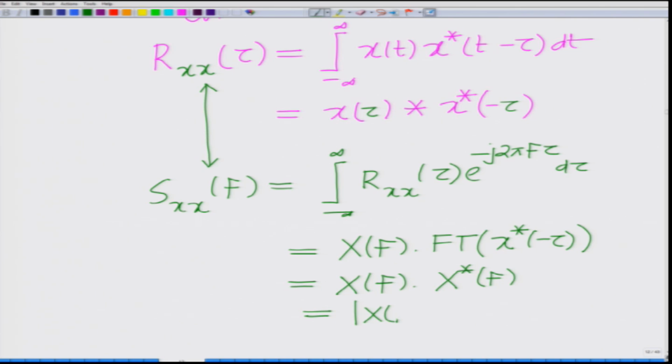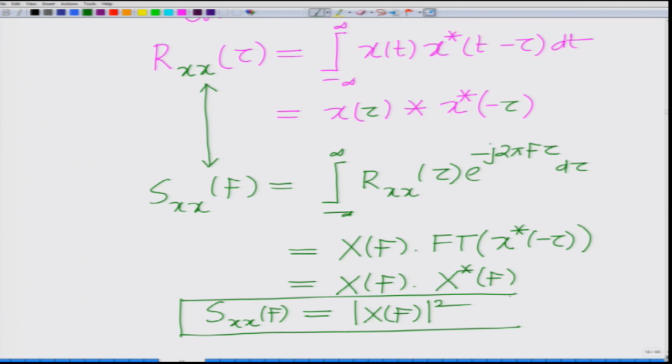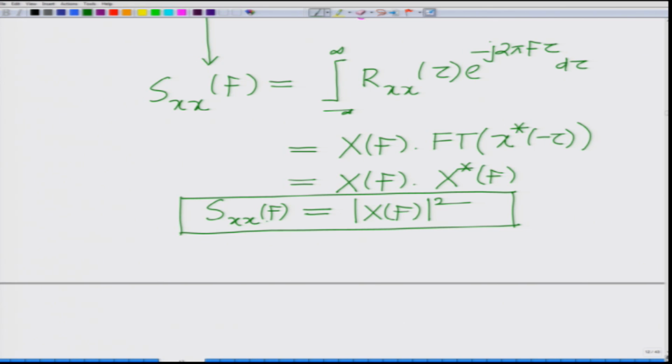Therefore, this is magnitude X(f) squared. So what we have shown is this interesting result for Sxx of f, which has a name we will come to shortly.